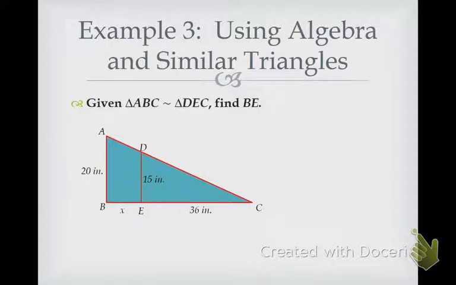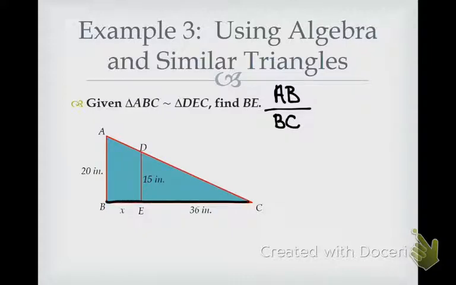Some of this I just have to basically show you by doing it. But the good thing is that most of these problems will be solved the exact same way. So once you catch on to the process of it, you'll be able to do multiple problems just like this. So I have side AB, which is the height of the big triangle, over side BC, which is the length of the bigger triangle.